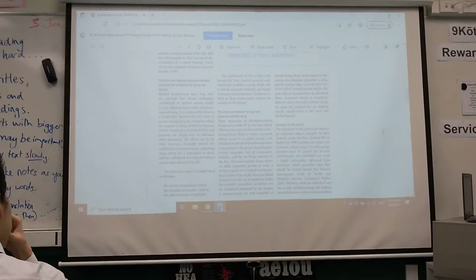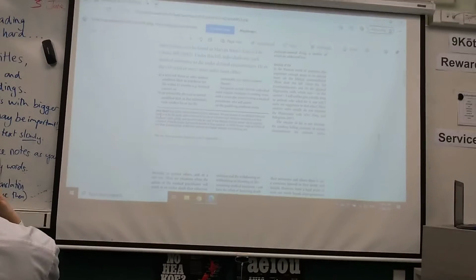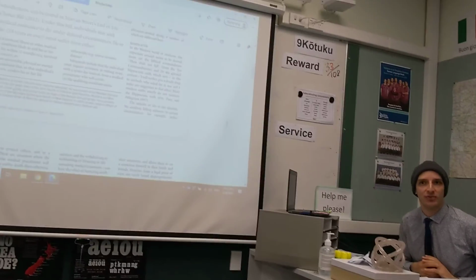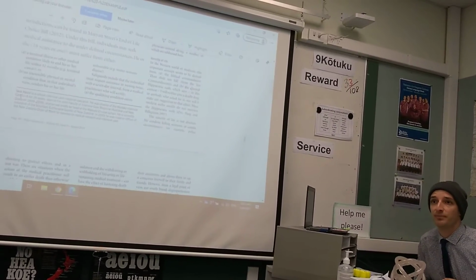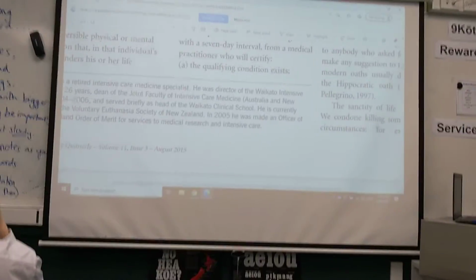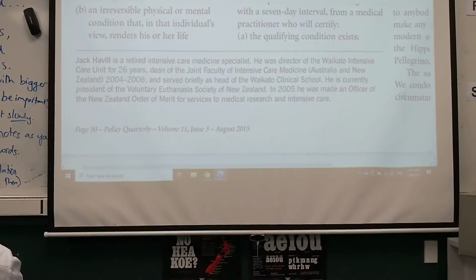Okay? There is another way, in that the document is in an academic journal, because I took this off the EPIC database. If it's an academic journal, it'll give you the credentials and information of the author. So over here, I might be able to zoom in carefully, it tells you that he is a retired intensive care medicine specialist.